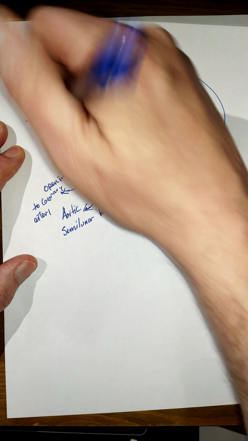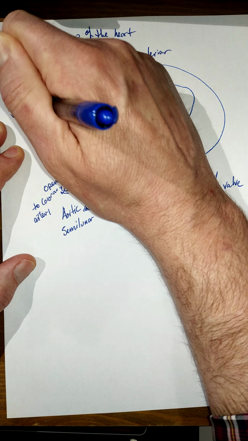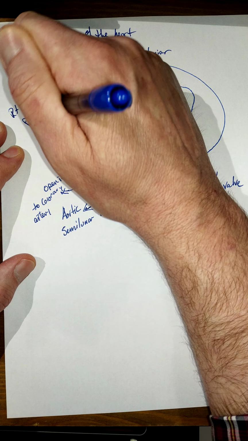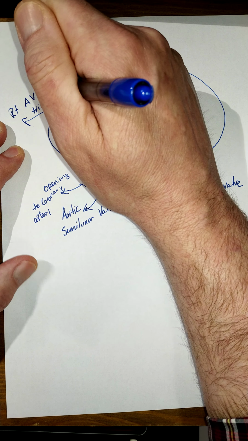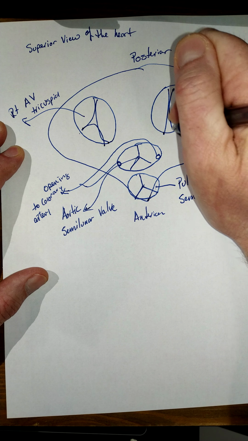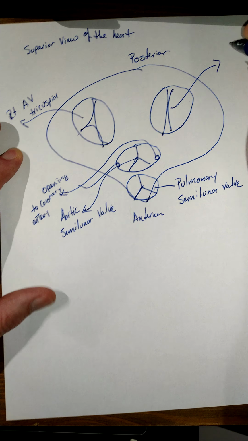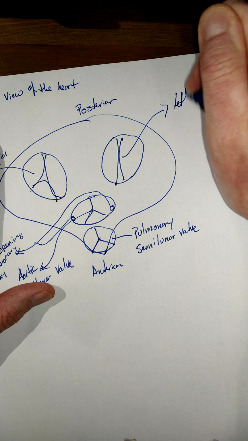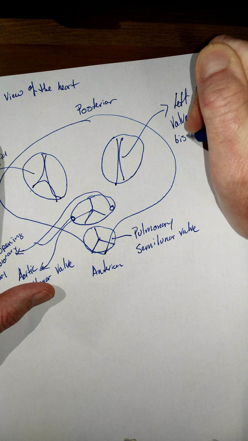This is our right AV valve, or tricuspid. And then over here, it's a little different. We have our left AV valve, which is bicuspid.